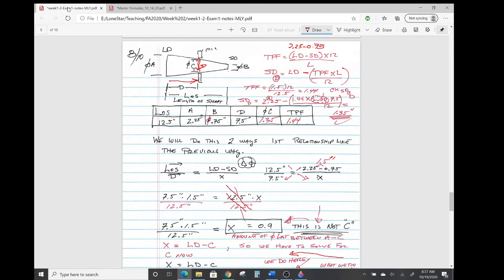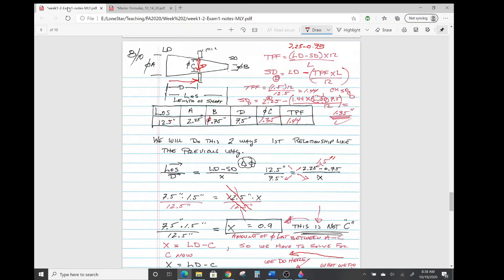So you've got 1.44 as your taper per foot times the length at D. And what is the length at D? D is at 7.5 inches, yes? So that's 1.44 times 7.5 divided by 12, right? Minus 2.25.